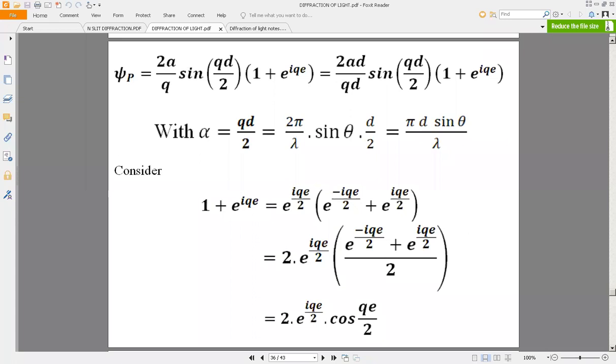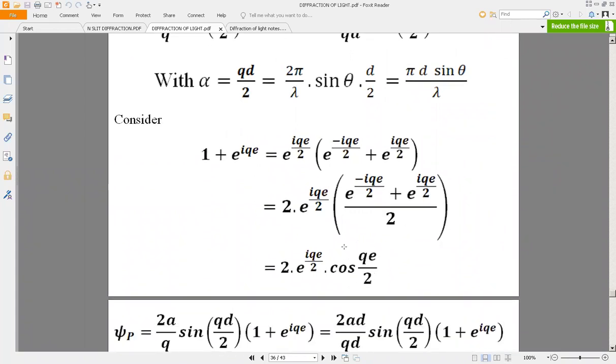I don't know how many of you have tried, but if you do that, you will get cos theta equal to e power minus i theta plus e power plus i theta, divided by 2. This gives you cos theta. So this bracket term here is representing cos theta. Of course, if qe by 2 is some theta, then it is e power minus i theta plus e power i theta divided by 2. That is cos theta, right?